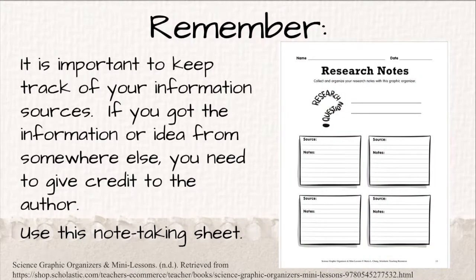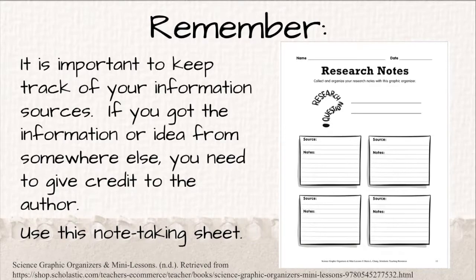So the most important thing to remember is that you have to keep track of where you got your information. So the information from the source, okay? So this sample page right here has areas where you can write the source where you got your information and which information came from that source.